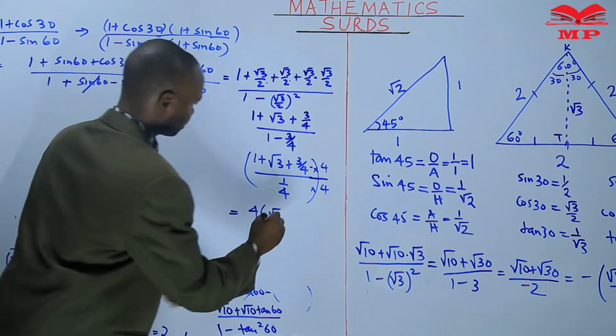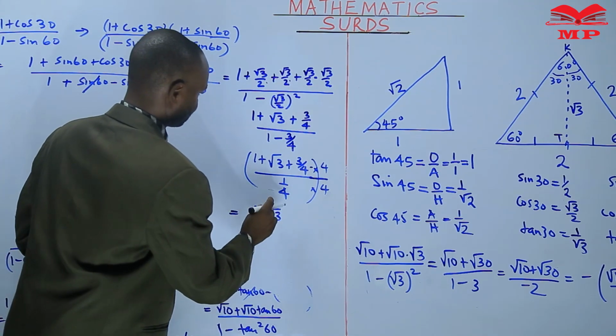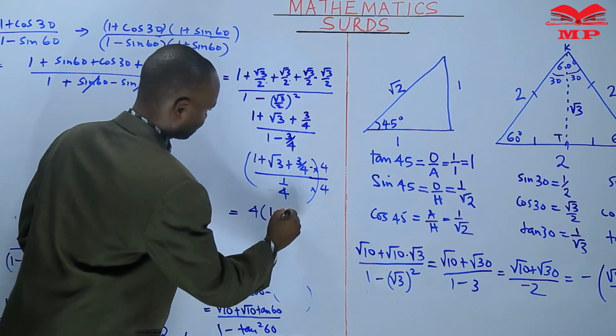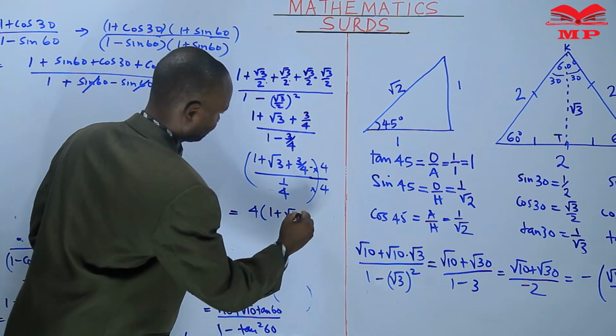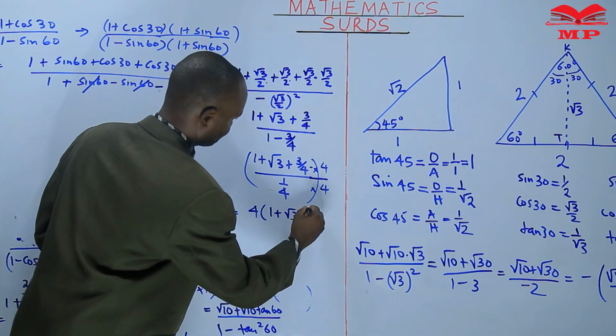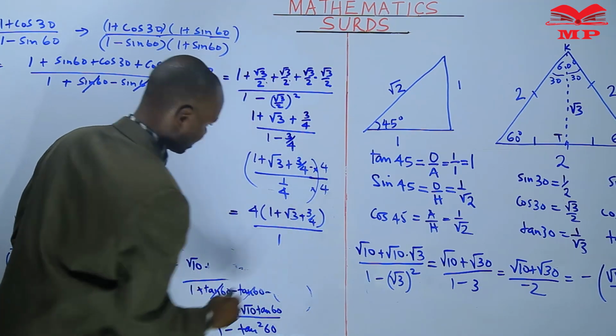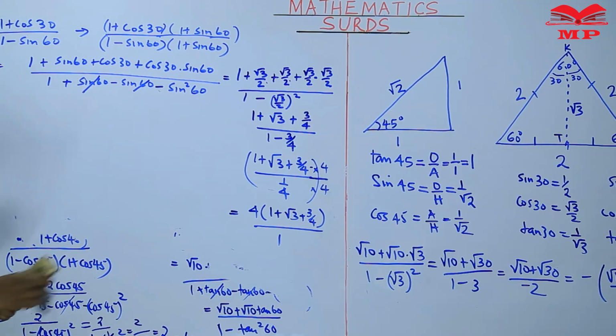So you'll get 4 into 1 plus square root of 3 plus 3 over 4, over 1. I'm not yet done.